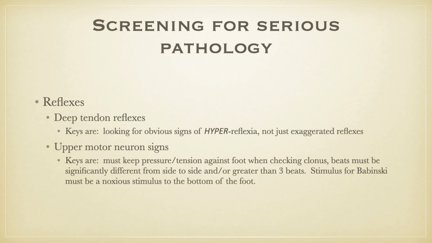Usually you think of a brisk reflex as something where you get a quick jerk when you tap appropriately on the tendon. And a hyperreflex is something where it's a huge jump, like way above normal what you would ever expect. And there could even be some spasticity associated with it if it's an upper motor neuron lesion.